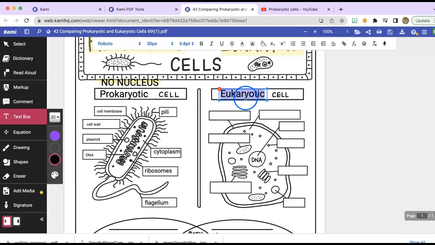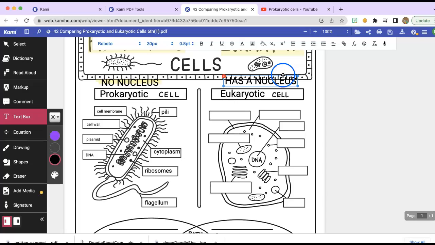The difference between a eukaryotic and a prokaryotic cell is that the eukaryotic cell has a nucleus with DNA inside of it. Prokaryotes have DNA, but no nucleus. It's just thrown in there. So with your pencil above eukaryotic cell, write, has a nucleus.